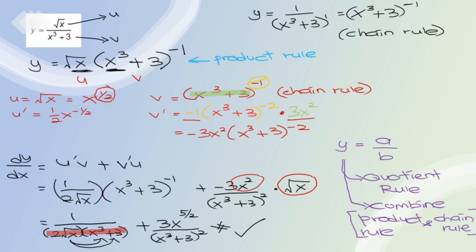You boleh buat guna quotient rule or you can use combine, meaning product plus chain.